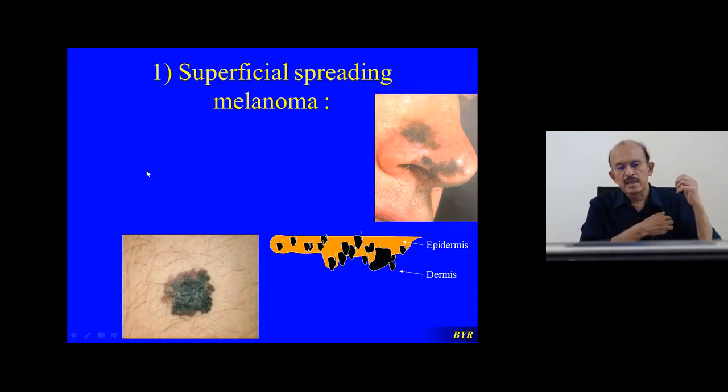If a mass is there in the axilla, you call it lymph nodal metastasis. You don't say it is a satellite nodule. If you see a black pigmented nodule in between the primary and axilla, then you call it satellite nodules. So lymph nodal metastasis: whenever you see an oval or spherical or round mass in the axilla or inguinal region or popliteal fossa or in the neck, you say it is a lymph node.